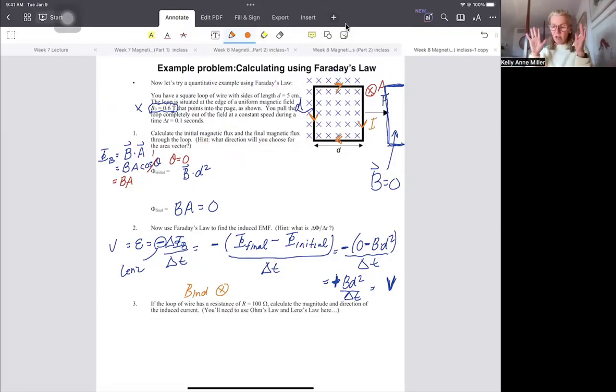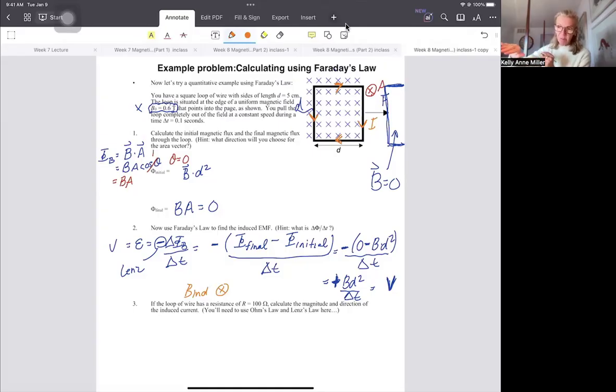Let's go through that rationale again. The external B field, which are these little blue crosses, are pointing into the page. The flux is decreasing because I'm pulling the loop outside, it's getting smaller and smaller as the loop moves to the right. So Lenz's law says to oppose that change in flux, there is going to be an induced B field.